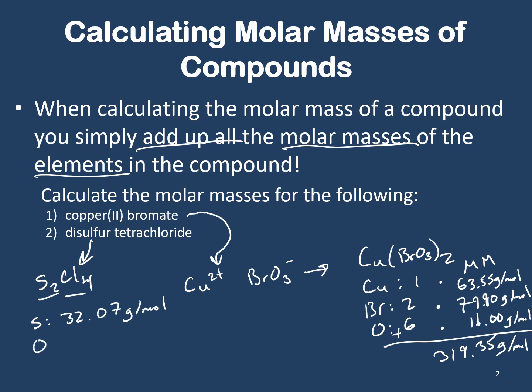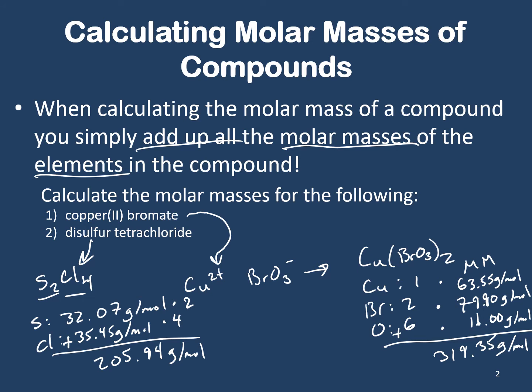And chlorine's molar mass is 35.45 grams per mole. Now I have 2 sulfurs, so I need to multiply sulfur's molar mass by 2. And I have 4 chlorines, so I need to multiply that by 4. And then I just need to add these together. This will give me a molar mass of about 205.94 grams per mole.